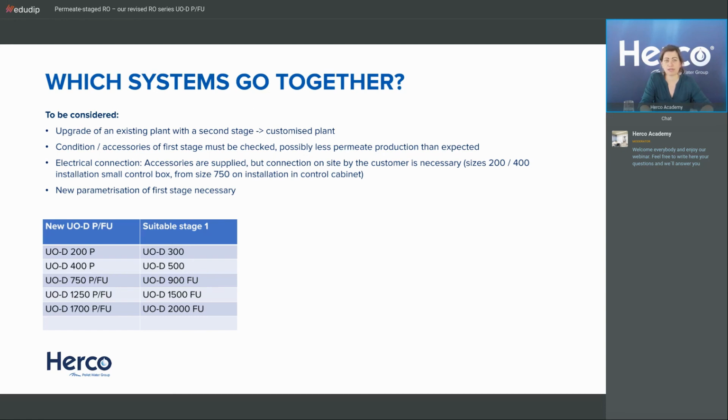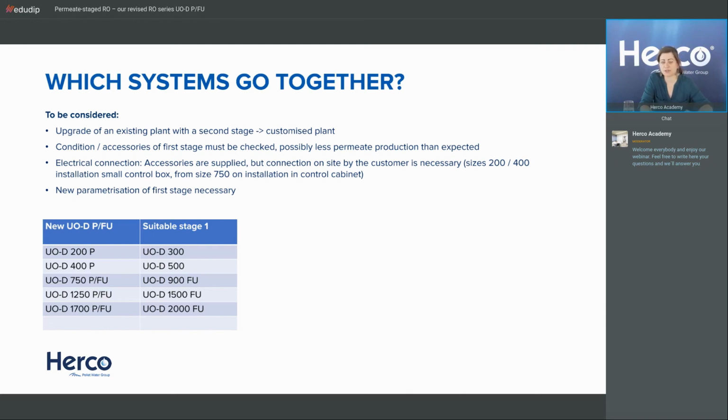If you have an existing UOD, you can see here the units that can be connected. So a suitable stage 1 is a UOD 300 for the UOD 200P. So if you have a UOD 300 or a UOD 500, 900, 1500, and 2000, those can be upgraded to a 2-stage system, and you just need to get the second stage.